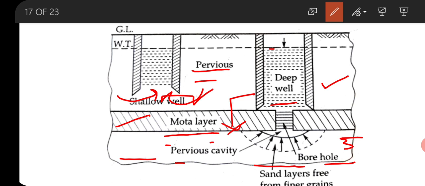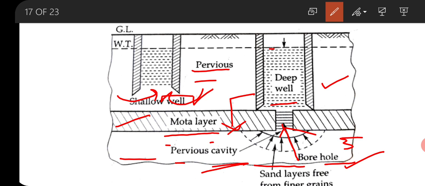So, deep open well will get its supply from the pervious stratum which is laying below the mota layer through a bore hole. So, this one is the bore hole, created in the mota layer.